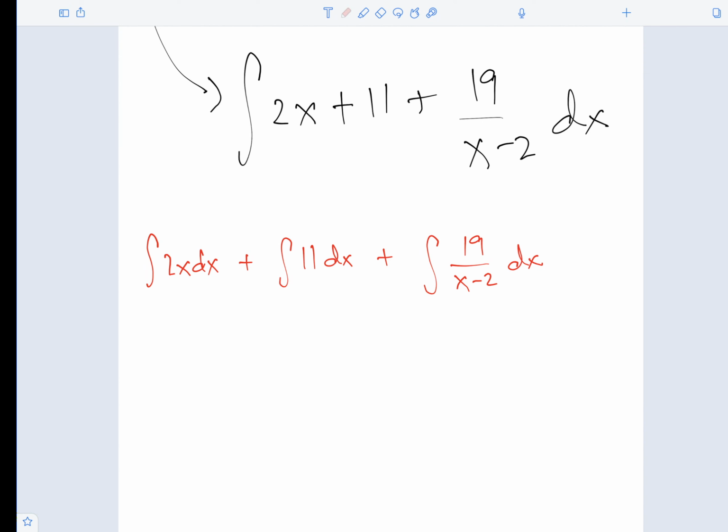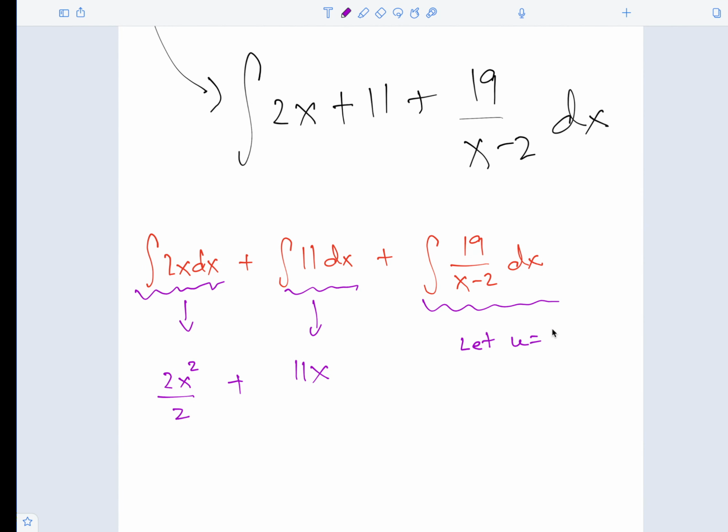The way you want to think about it is, integrating this is straightforward, right? Integrating this is straightforward, right? Integrating this requires a little bit of math, but this is pretty much like our first example.